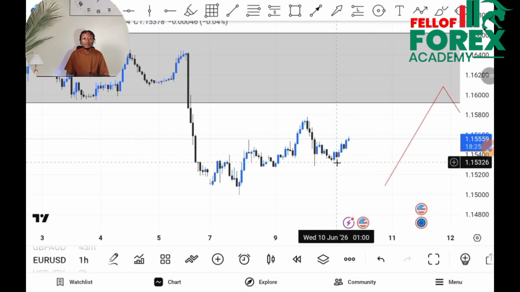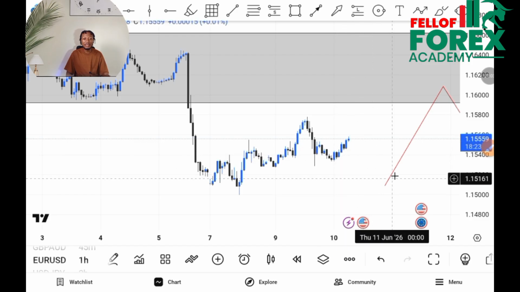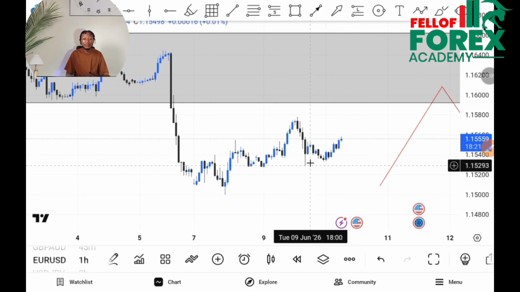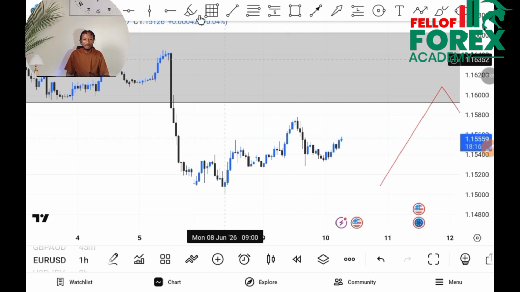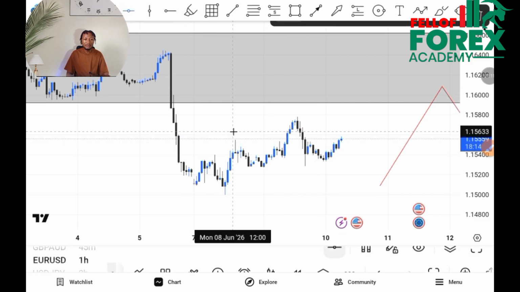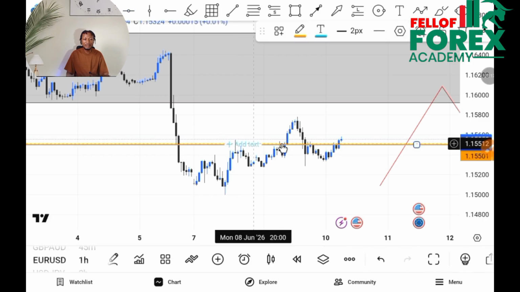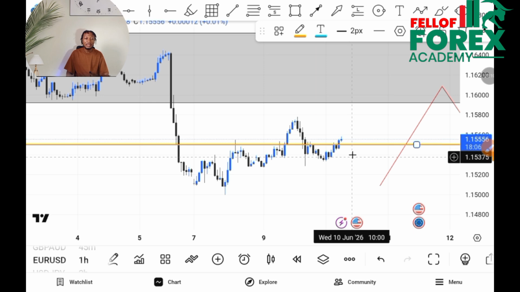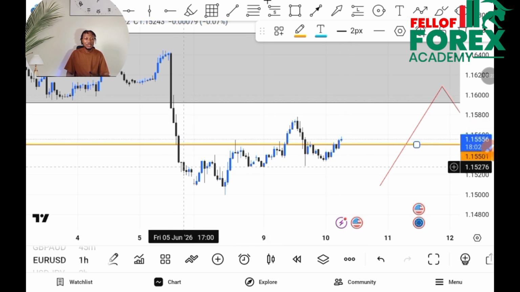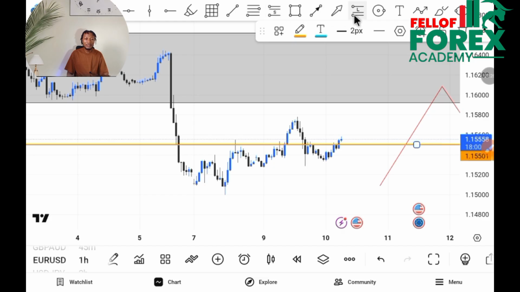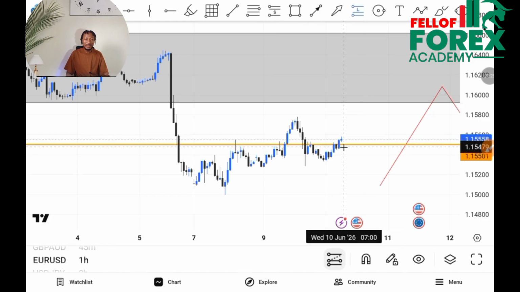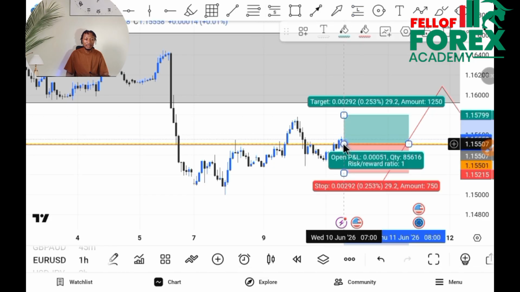So we are currently in an uptrend, which means if price gives us a confirmation around here, and we break above a mid level, which is 1.15500, and if price can pull back to the mid level and give us a good confirmation, then we continue the buys. So on Euro USD we are looking for something like this, okay?